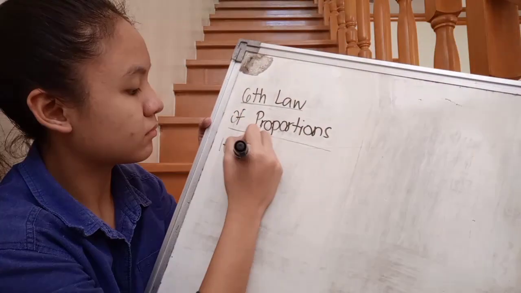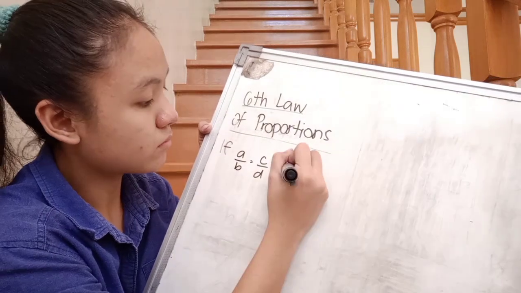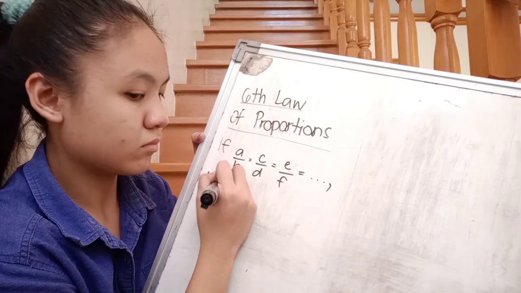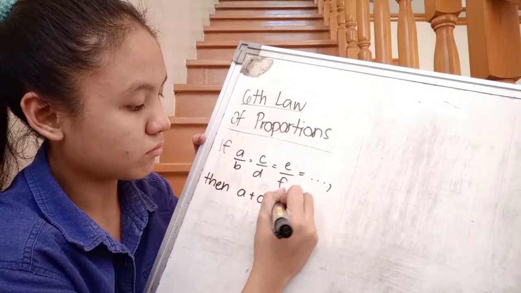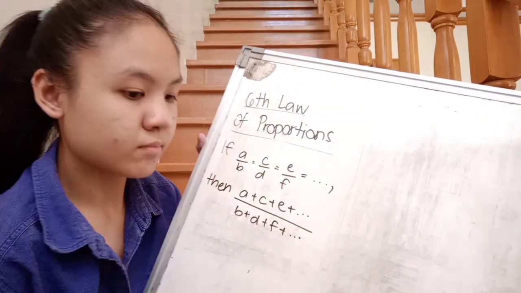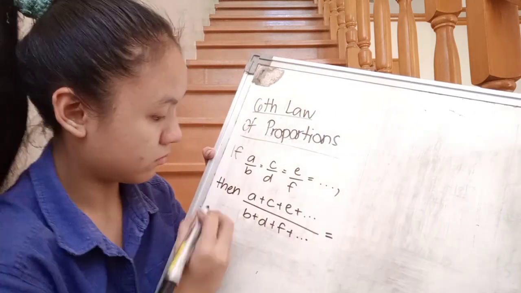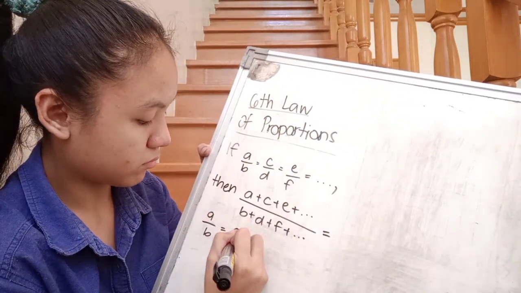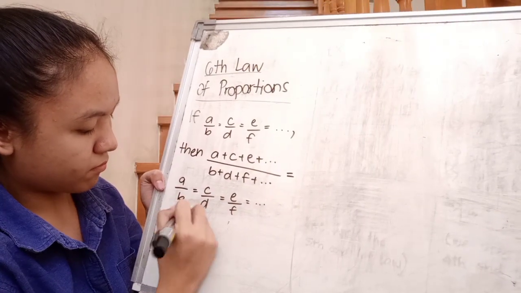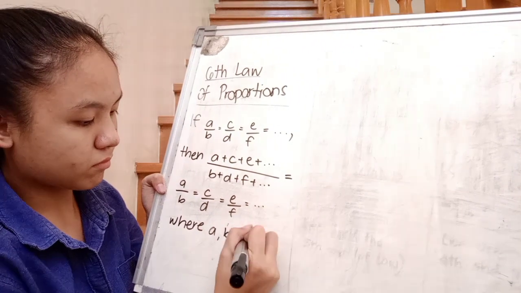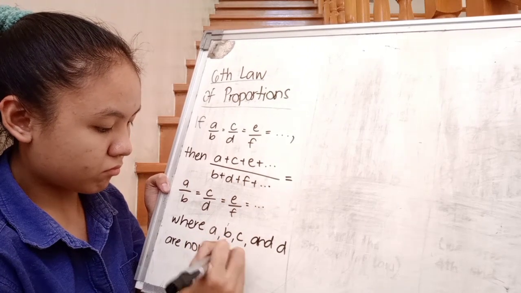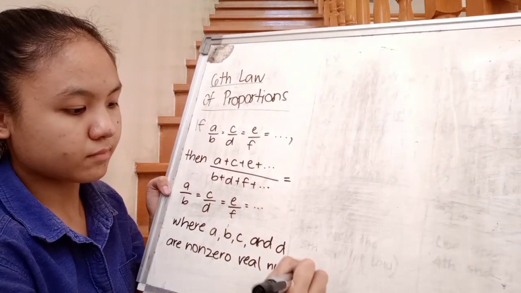So, our sixth law says if A/B is equal to C/D and is equal to E/F and so on, then A plus C plus E plus so on over B plus D plus F plus so on is equal to A/B, equal to C/D, and equal to E/F, and equal to so on, where A, B, C, and D are non-zero real numbers.